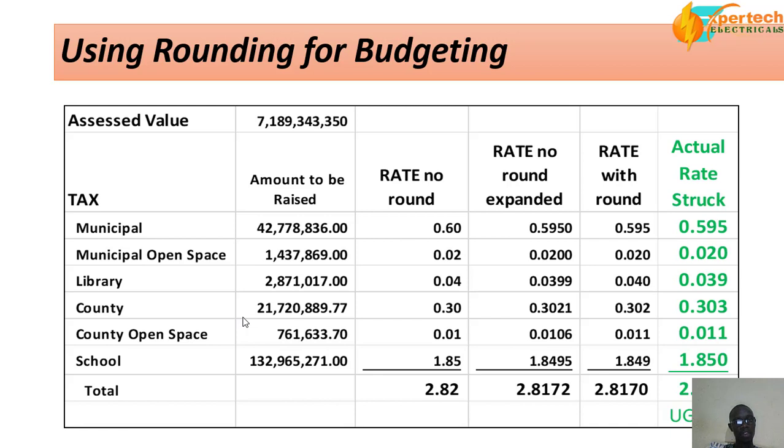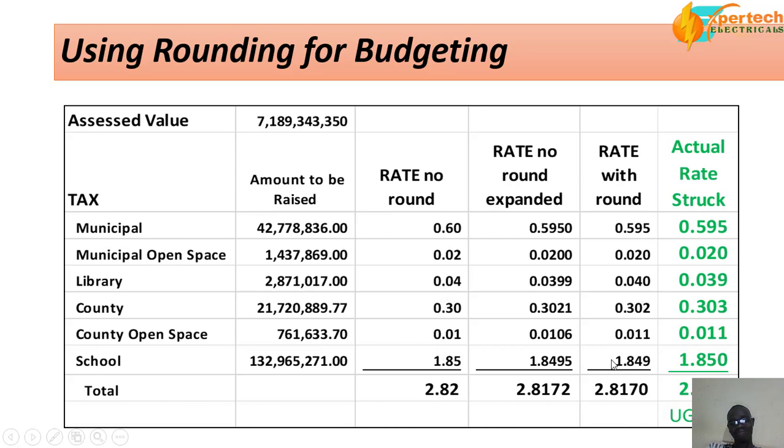Then maybe if you are asking yourself how you can use rounding off for budgeting, this is how we can have it. We have an assessed value as this, then we want to get the tax. We are going to have a rate number rounded off to this.